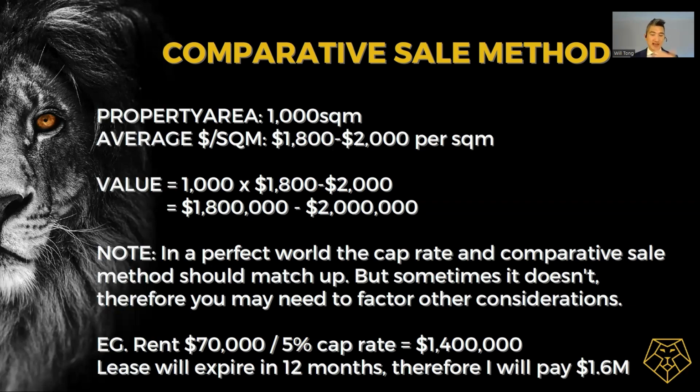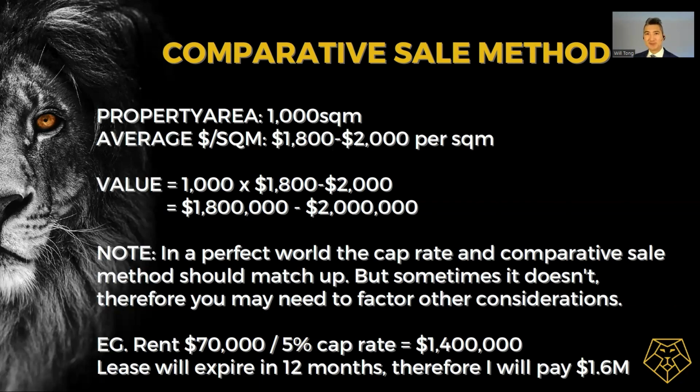So if we calculate the value using the cap rate method, it equates to $70,000 divided by a 5% cap rate, which equates to $1.4 million. Obviously, there's a huge gap between $1.4 million and $1.8 million. So what's actually the fair value of the property? What should you, as the investor, actually pay for it?